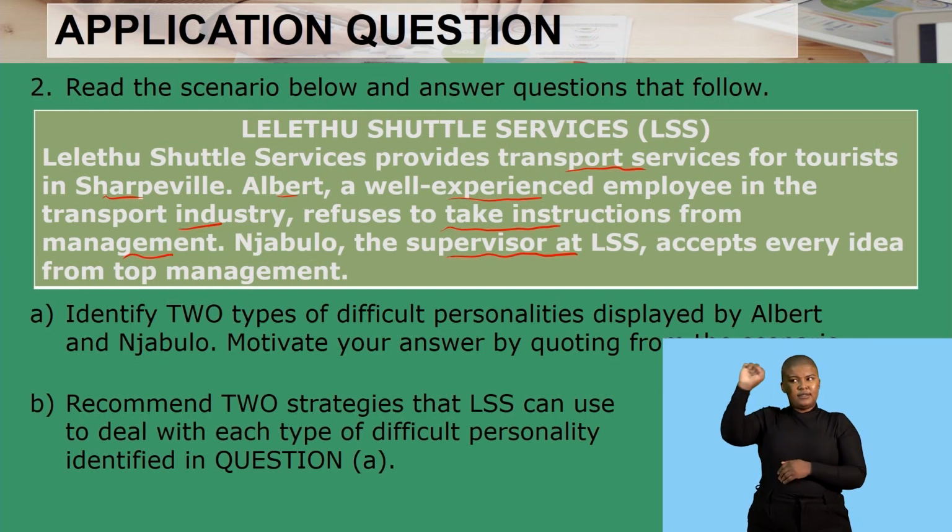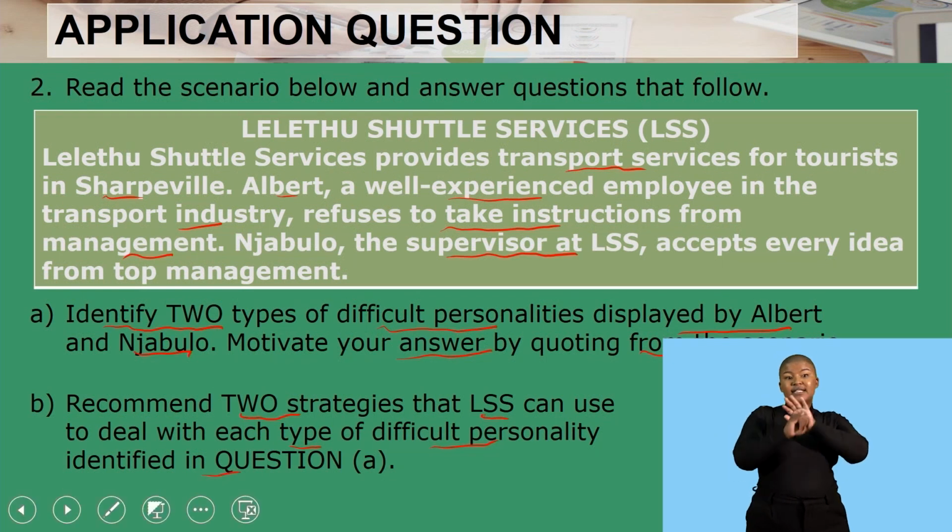Here you are expected to identify two types of difficult personalities displayed by Albert and Njabulo, and motivate your answer by quoting from the scenario. Option B requires you to recommend two strategies that Leletu Shuttle Services can use to deal with each type of difficult personality identified in question A.